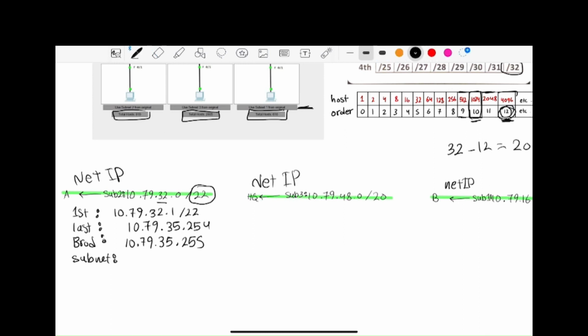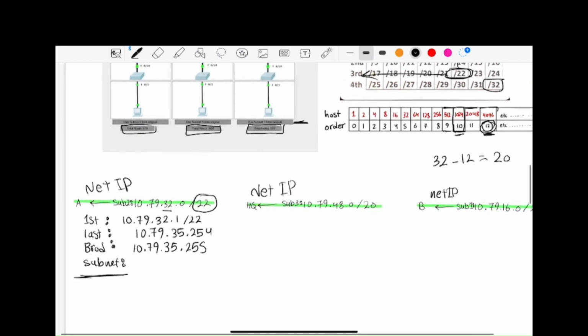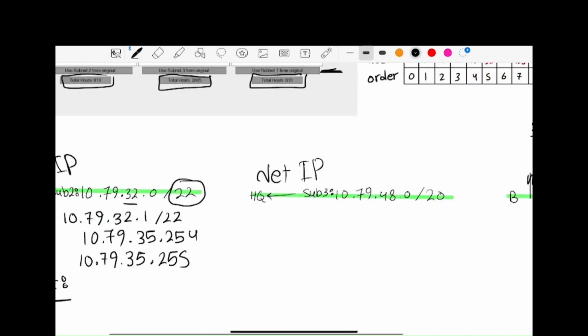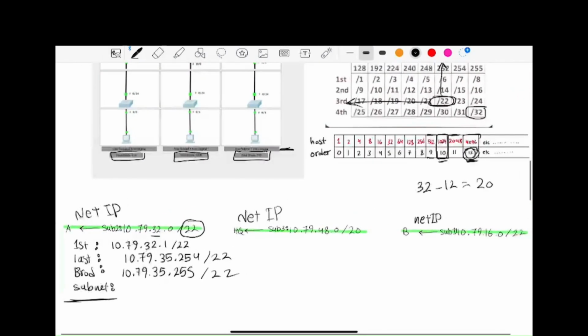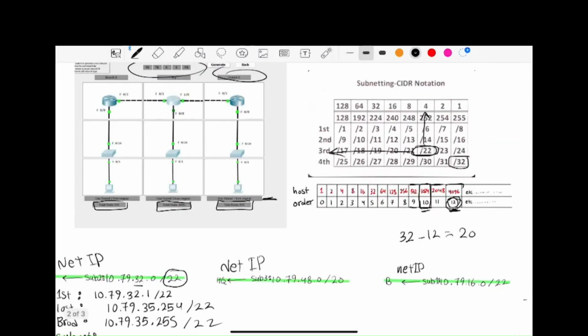Okay, so we only need to find out the subnet mask. Our network is a /22, and looking at the subnet card, we know that the third octet is 252.